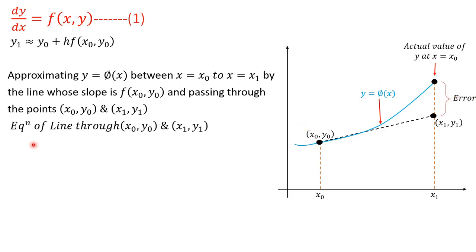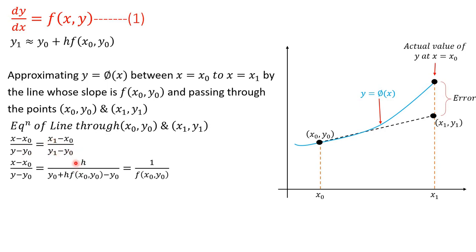The equation of the line through x naught, y naught and x1, y1, you can see by the formula for the equation of a line, is x minus x naught upon y minus y naught is equal to x1 minus x naught upon y1 minus y naught. Now x1 minus x naught is h, and for y1 we will put y naught plus h into f of x naught comma y naught.